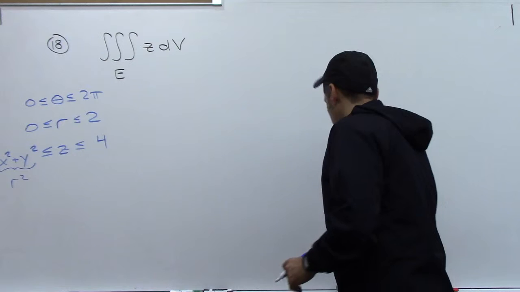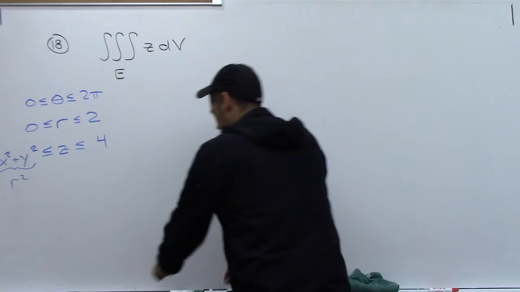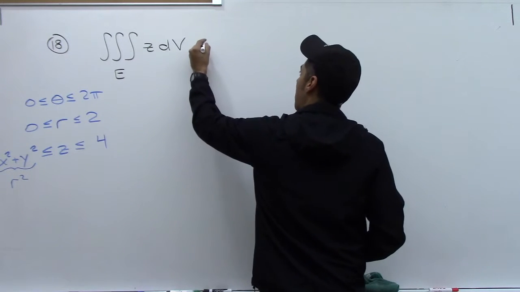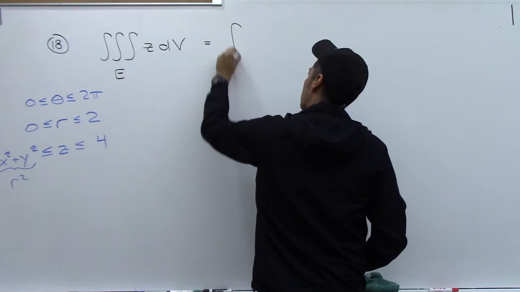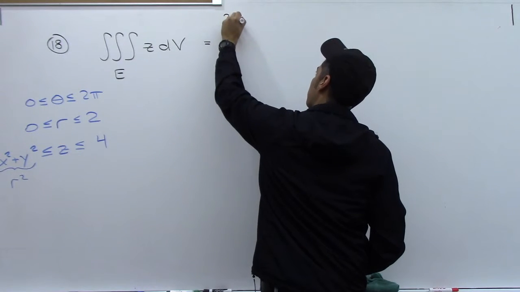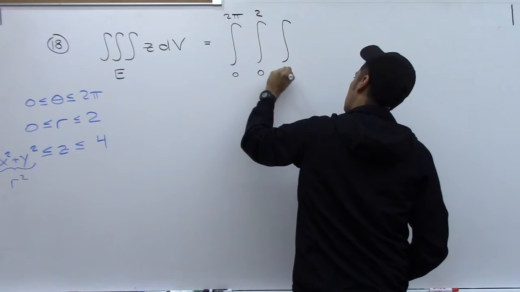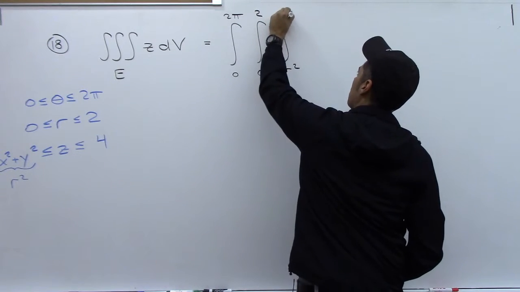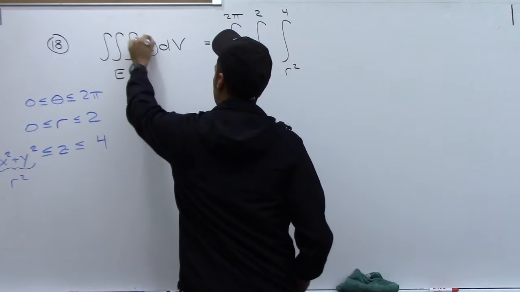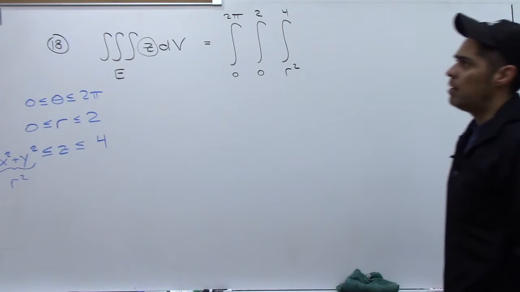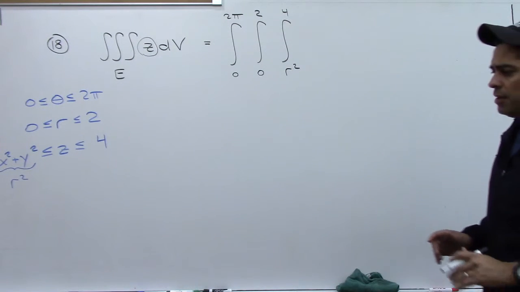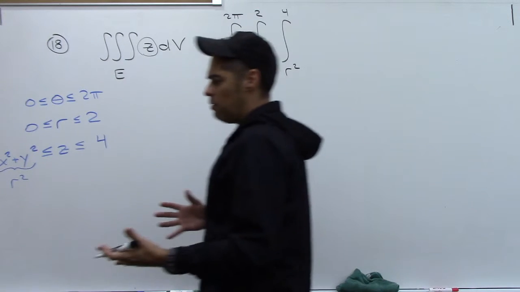Okay, so this will become the integral from 0 to 2 pi, 0 to 2, r squared to 4. Now I'm integrating z. So when we're in cylindrical coordinates, what does z get switched over to?